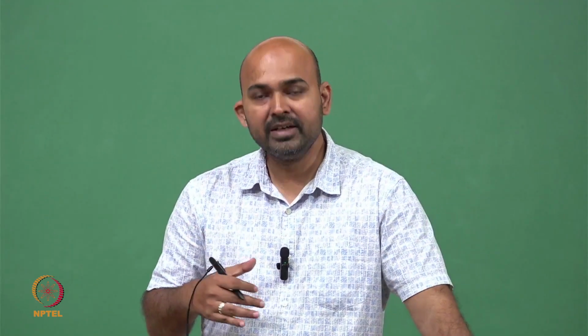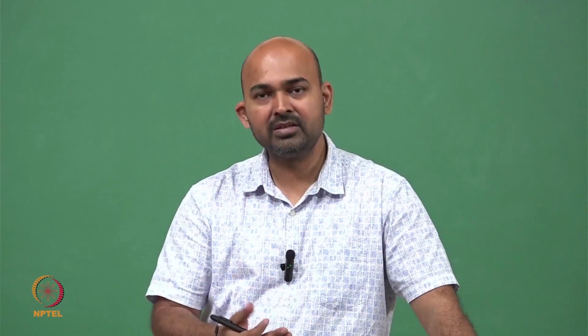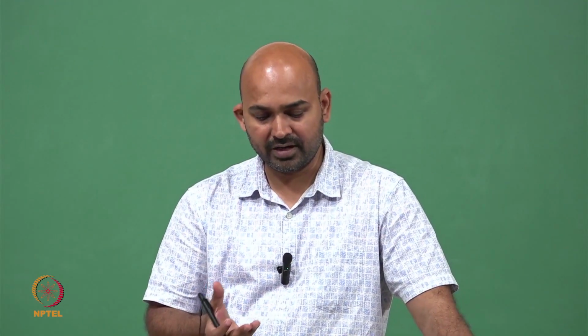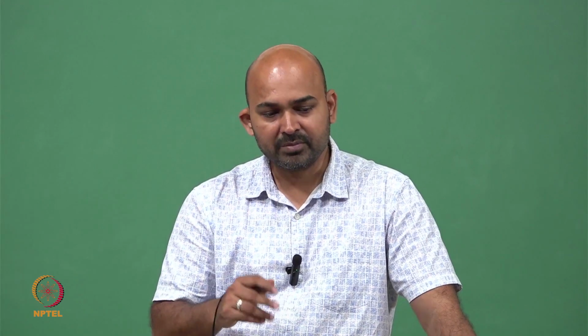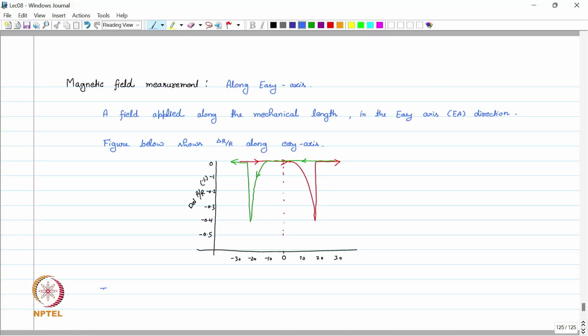This is what we call the hysteresis. It means that the device shows the hysteresis effect, and this kind of behavior of this graph, sometimes we call it the chirp.